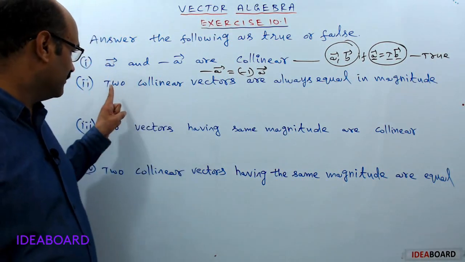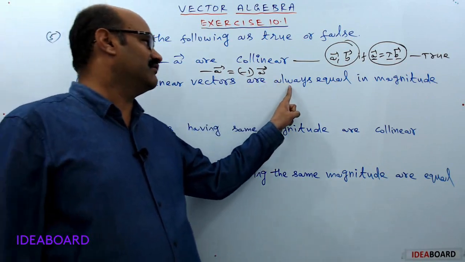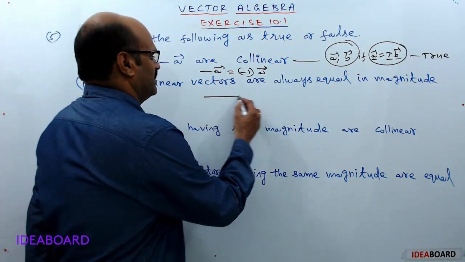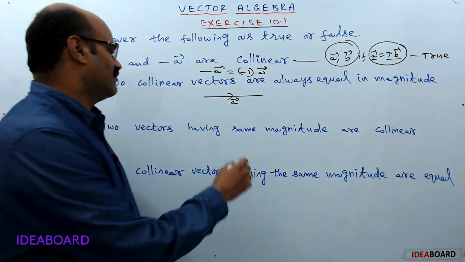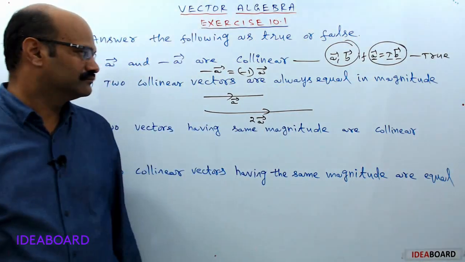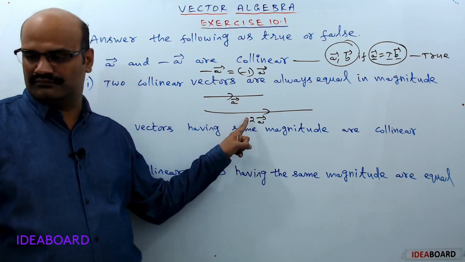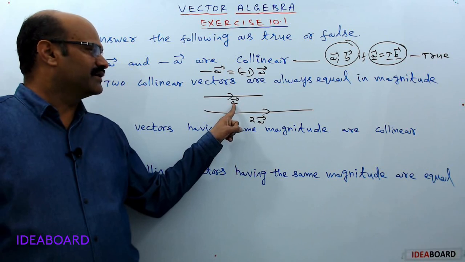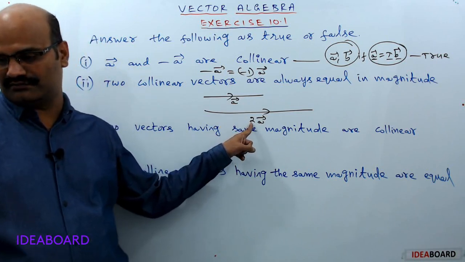Next, second one. Two collinear vectors are always equal in magnitude. Take one vector A here, and take one more vector 2A. Clearly vector A and vector 2A are collinear, but the magnitude of vector A is not equal to the magnitude of vector 2A.